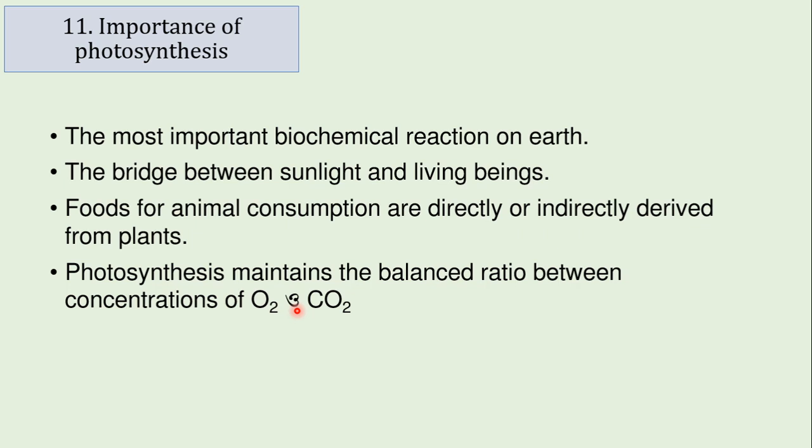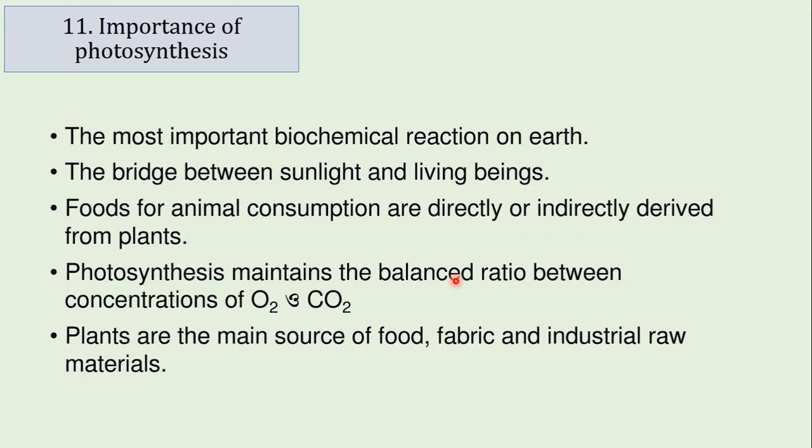So photosynthesis is the main reaction, the only reaction that is keeping the balanced ratio between concentrations of oxygen and carbon dioxide. And plants are the main source of food, fabric, and industrial raw materials for us, and the progression of human civilization depends on plants very much, and also the existence of human civilization depends on these plant products.